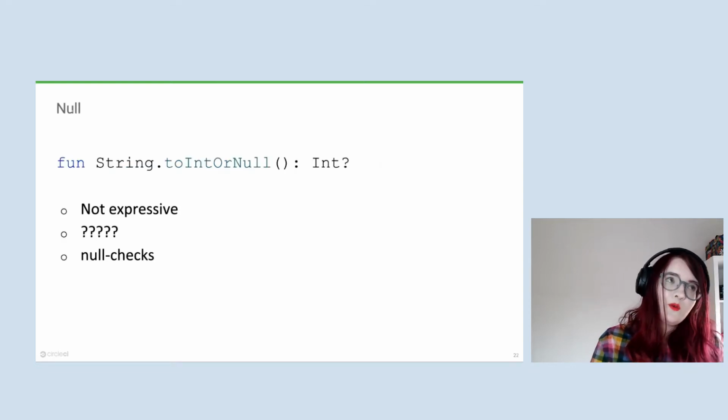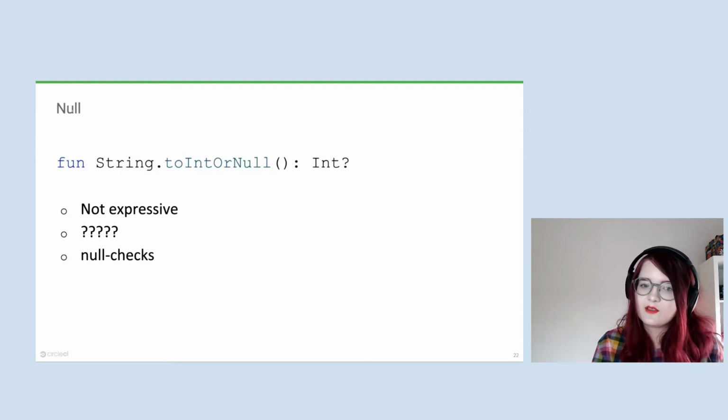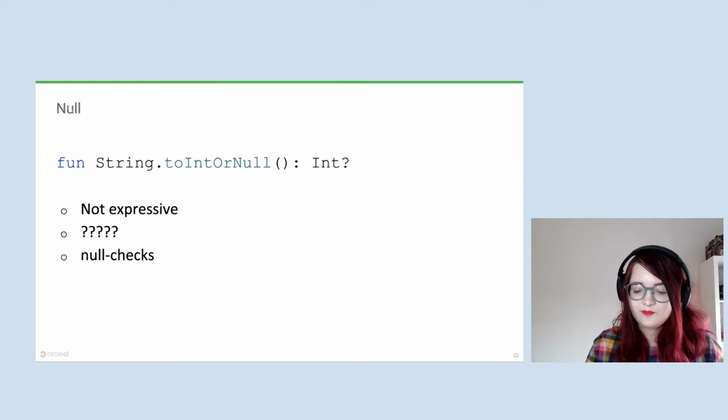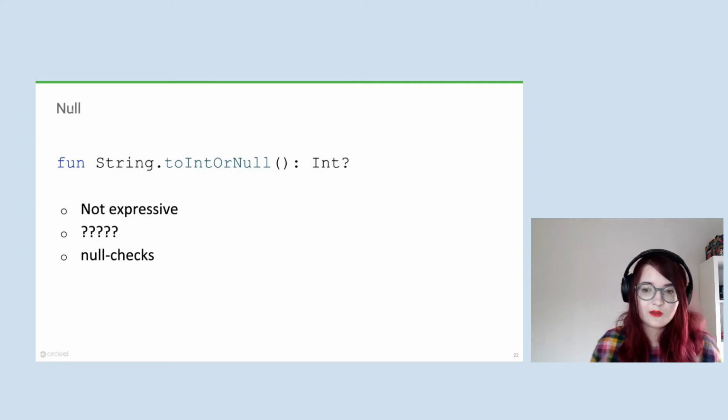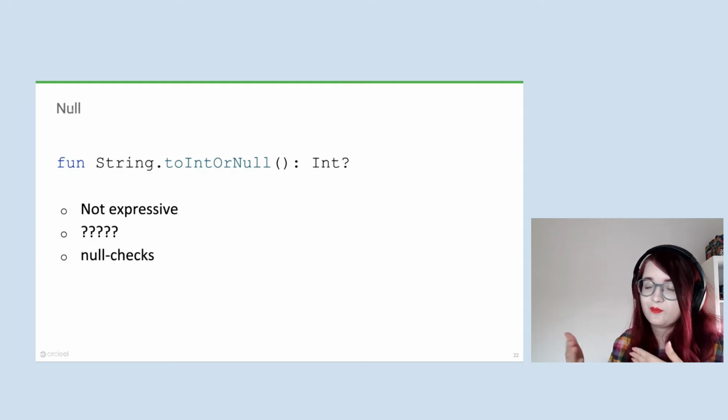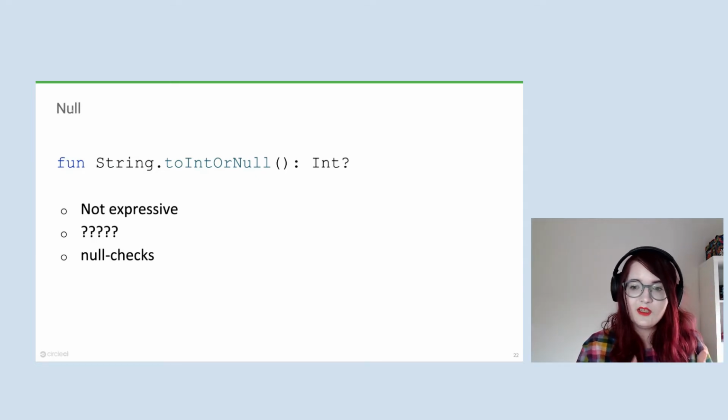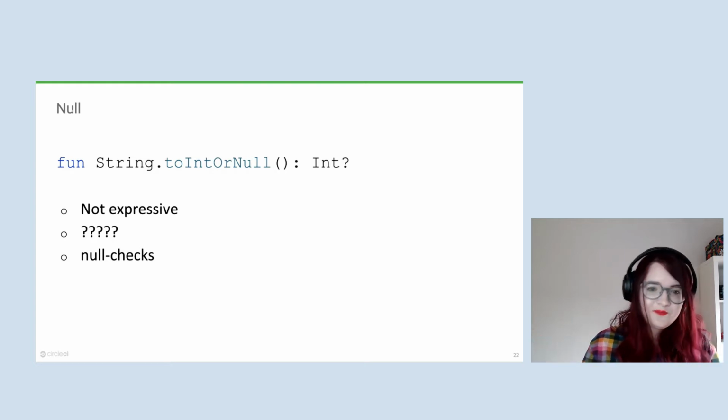A typical approach that is used widely in the Kotlin standard library is that a function will either give you some result or just return null. For example, toIntOrNull from string will either successfully transform your number to int or just say, okay, it's null, sorry.